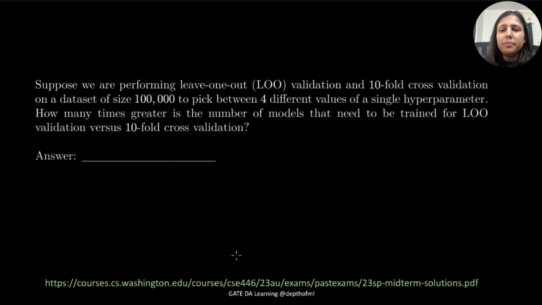They are saying, suppose we are performing leave one out validation and 10-fold cross validation on a data set of size 100,000 to pick between 4 different values of a single hyperparameter.